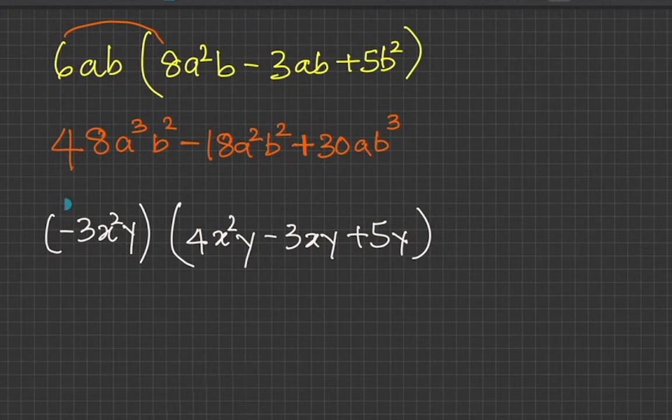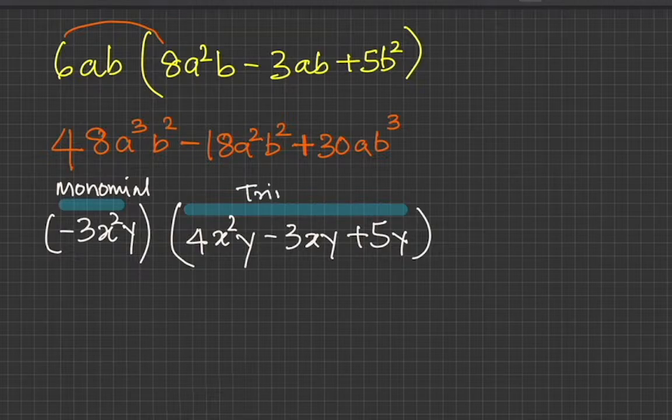So this is my monomial here. This is because it has got one term. And this is my trinomial or a polynomial. But more specifically, it is a trinomial because it has got 3 terms.